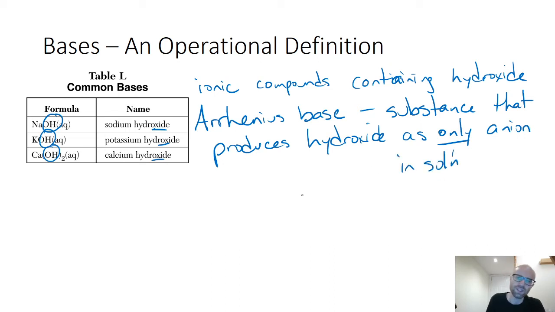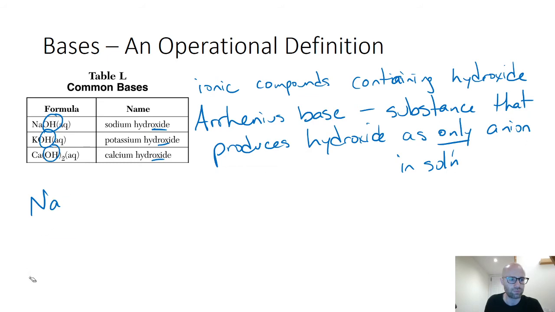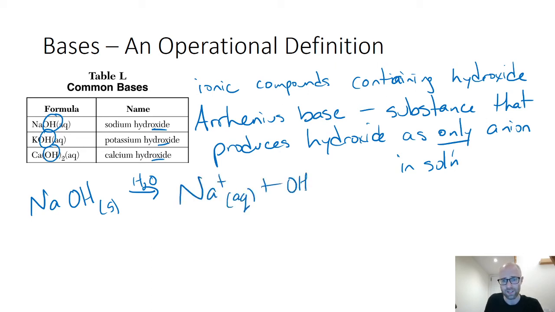And then similar, just to see the process of how it works, sodium hydroxide solid, when it dissolves into water, what you would see is a sodium ion, because this is an ionic compound, and you'd see hydroxide.